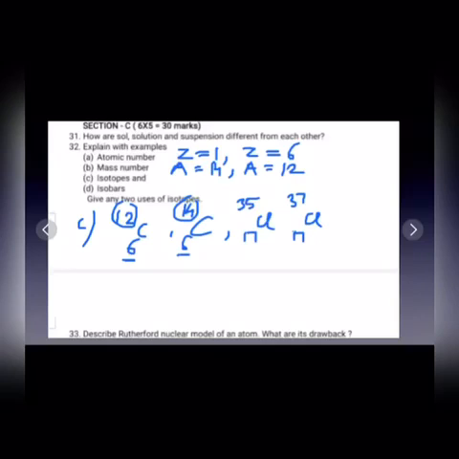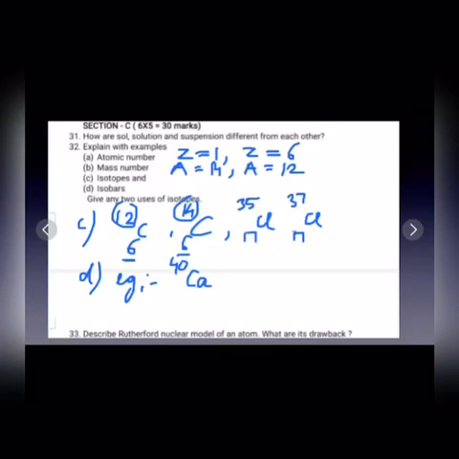Now the last is isobars. Isobars are the atoms of different elements with different atomic number which have the same mass number. So in isobars, atomic number is different but mass number is the same. You can give the example of calcium and argon.